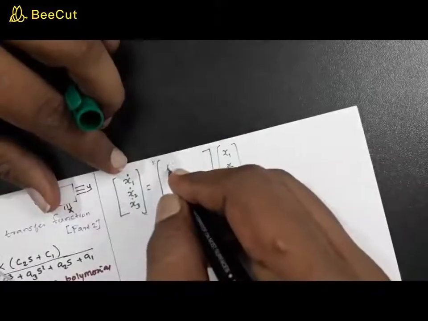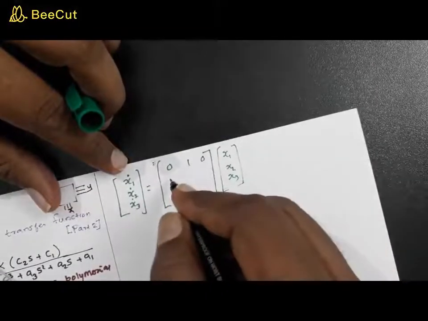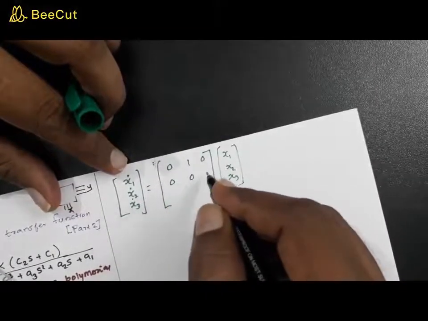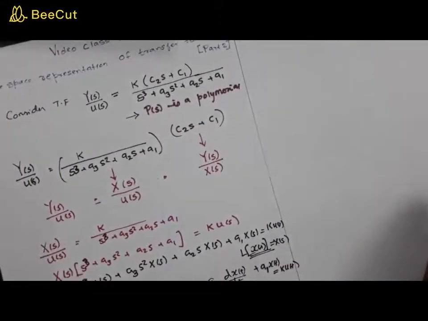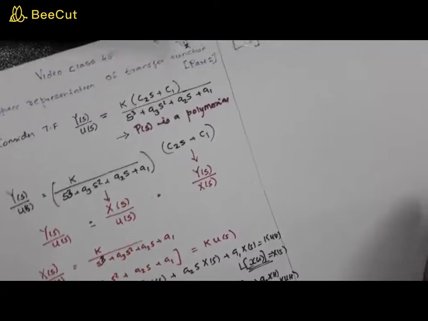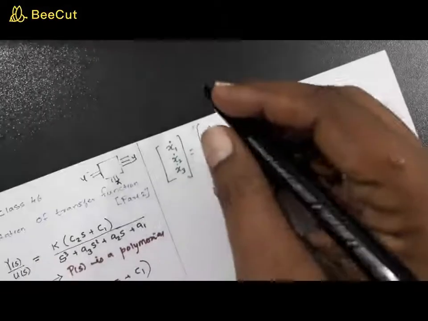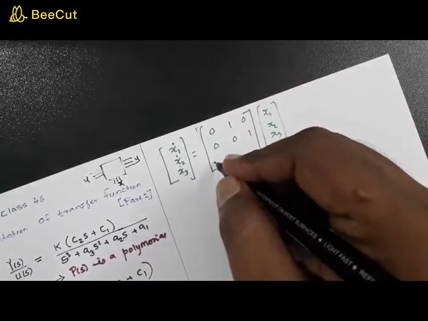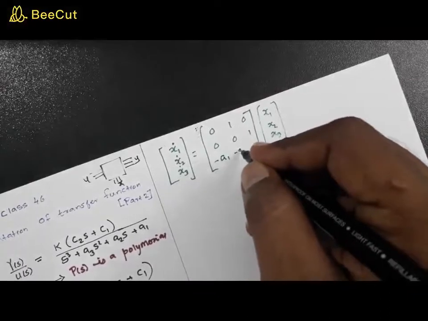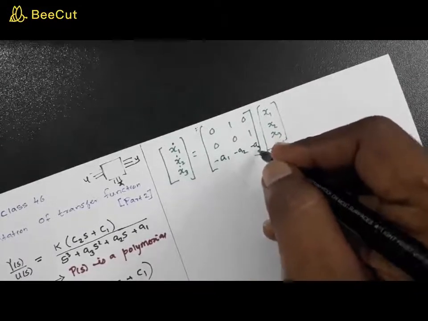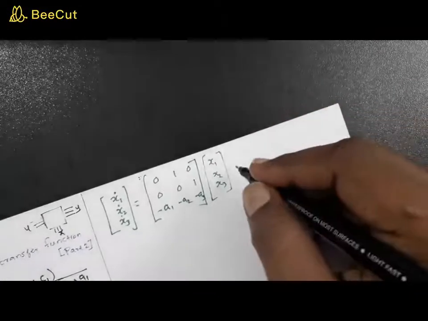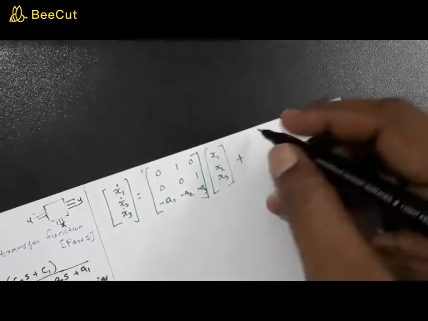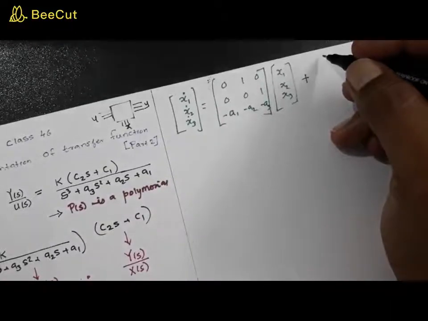So this will be 0, 1, 0. Okay, almost in every problem the pattern will be the same. Now x3 dot will be, and this is actually the canonical form that we have already studied. So this will be minus a1, minus a2 and minus a3.